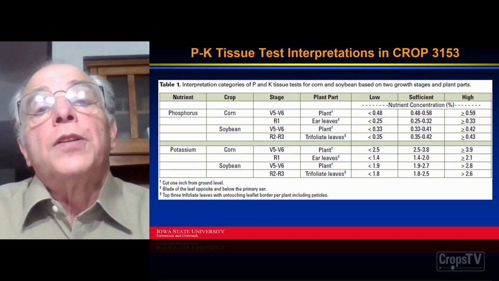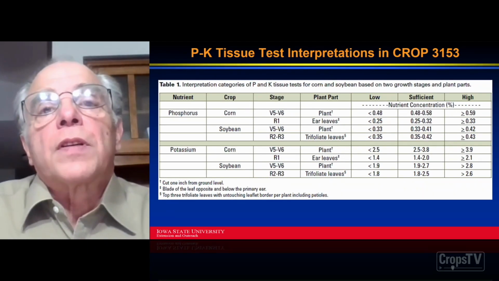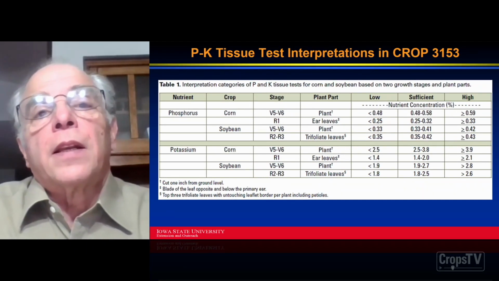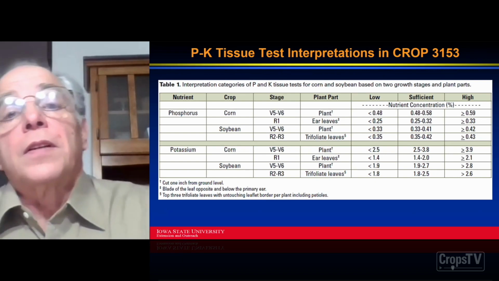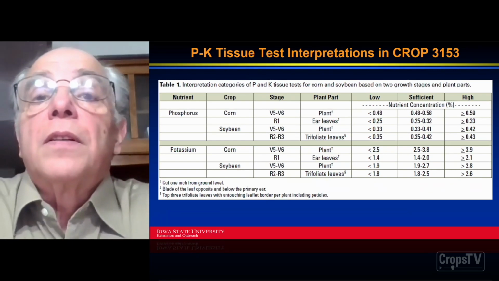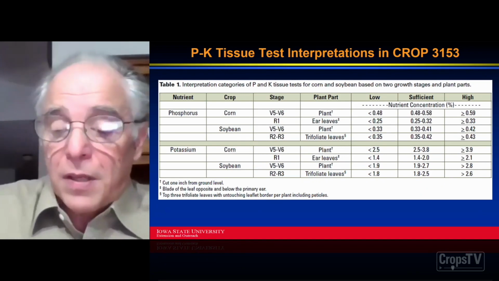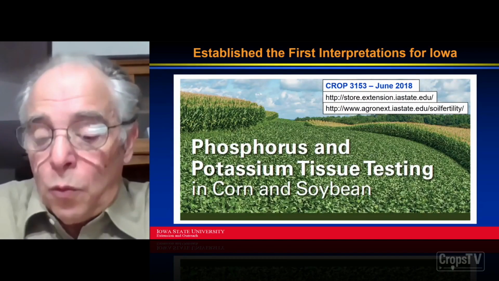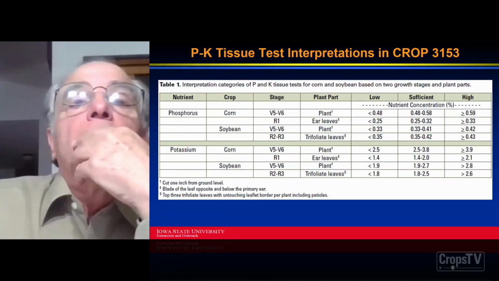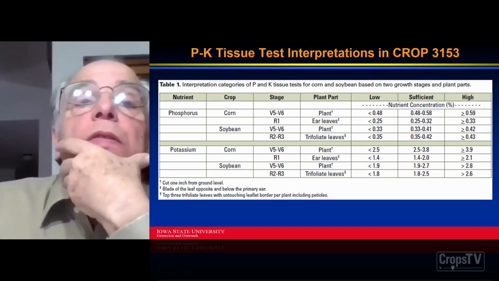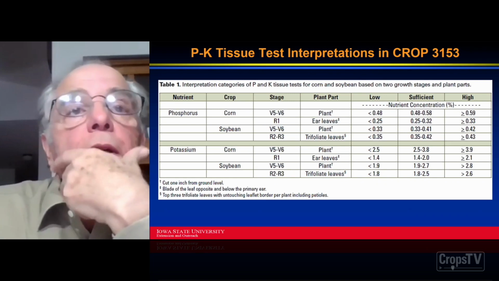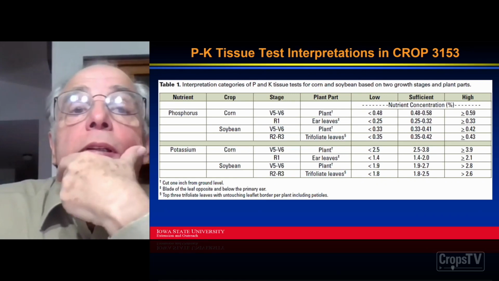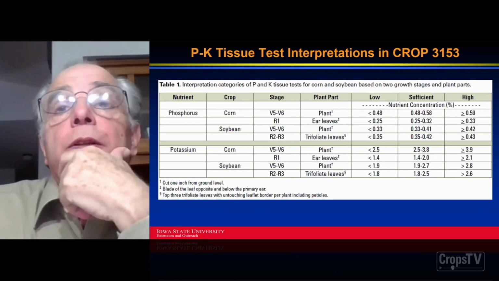In general, with very few exceptions, with P and K there are no yield decreases, except mainly for potassium, if there is a salt effect or things like that. So now we do have interpretations for tissue testing for both corn and soybean in Iowa in this publication.